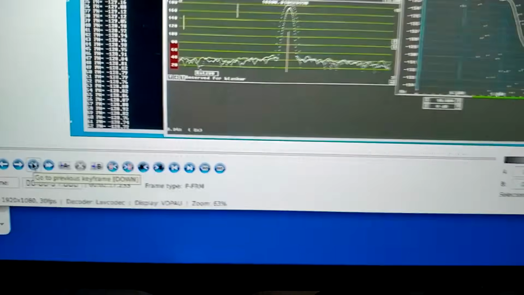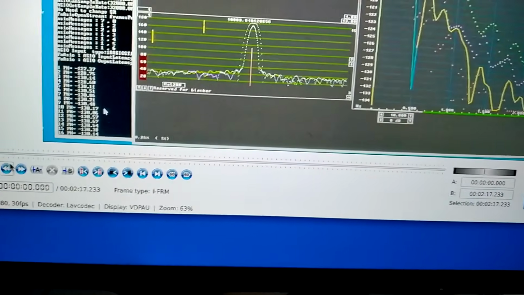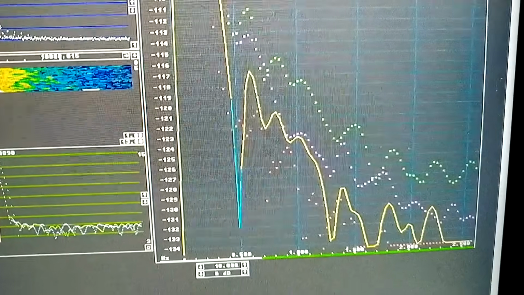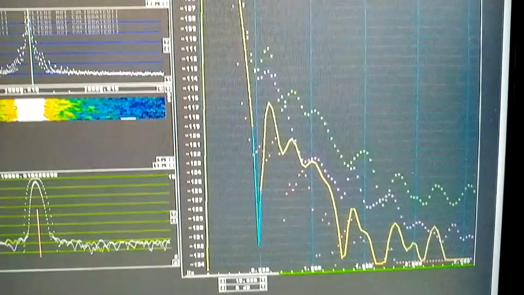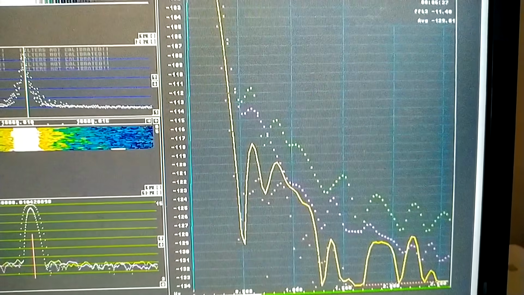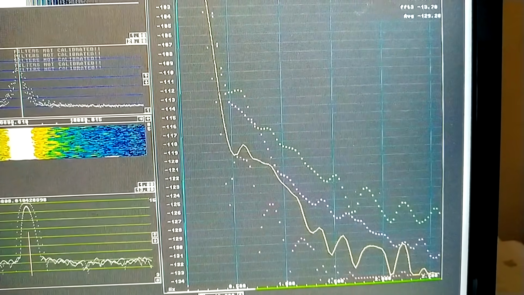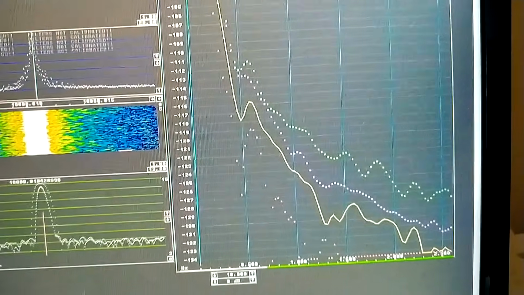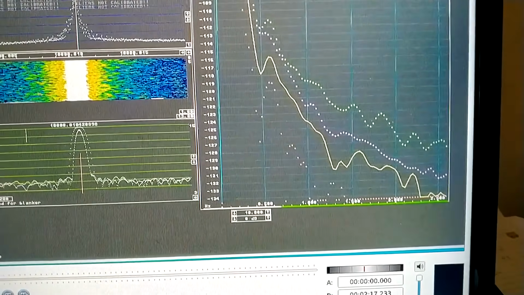So I go back and look at the spectrum, and here you can see there are blue regions. That's when the value is negative. Those are not included in the average. And now it has gone down to minus 128.